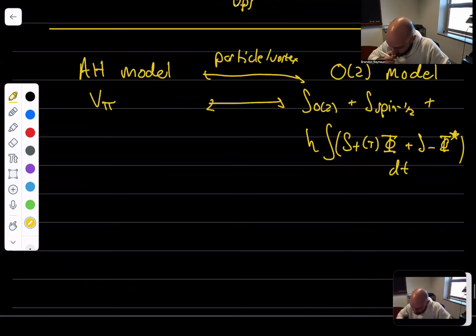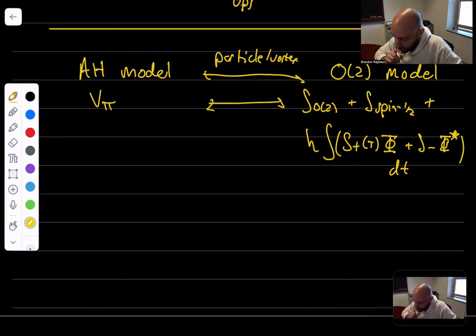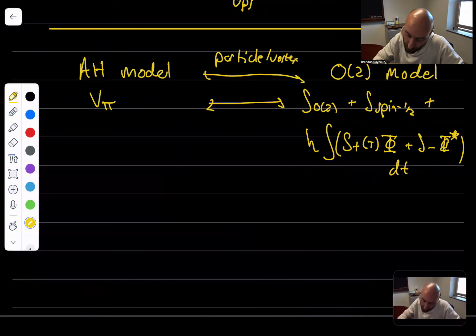There is a kind of silly formula that you could write down for what the dual of these higher spin impurities is in the abelian Higgs model. Part of the dictionary of particle vortex duality is that particles map to vortices.